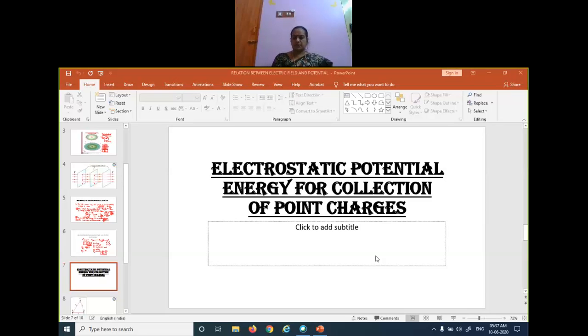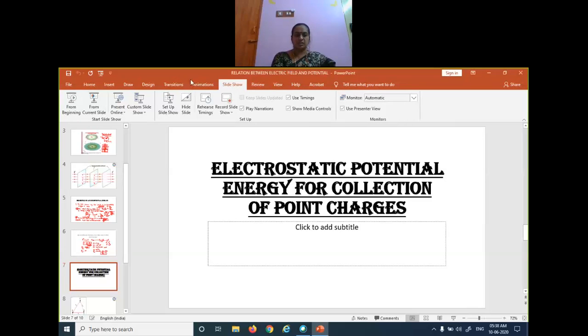Today we are going to continue with electrostatic potential for a collection of point charges. To understand this, you should be very familiar with the concepts we discussed yesterday: electric potential gradient and electric potential due to a point charge.